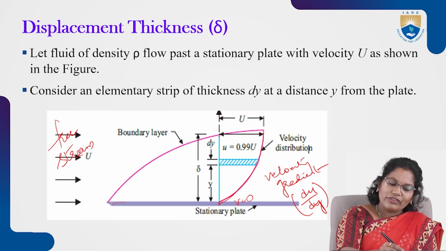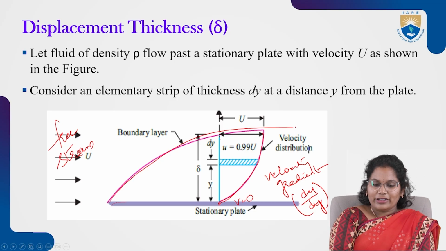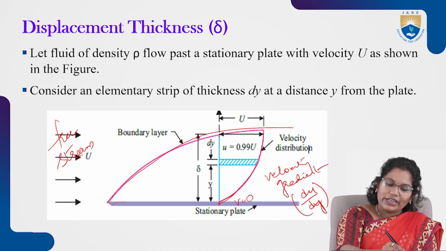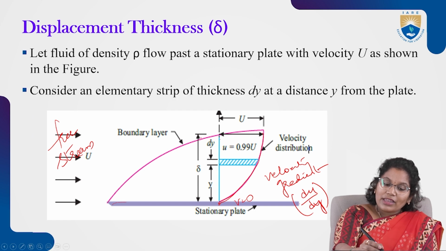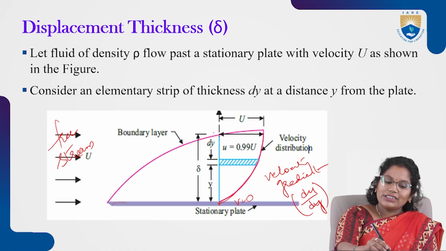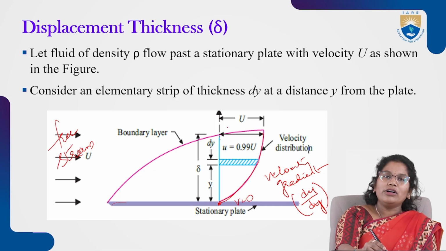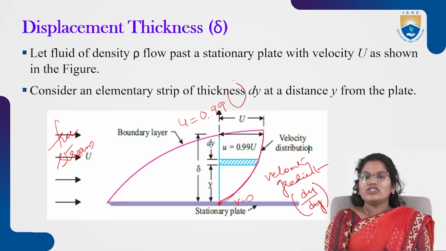Due to this, we see a thin layer, that is the boundary layer, right? The boundary layer thickness extends up to the point where small u becomes 0.99 of the mainstream velocity.